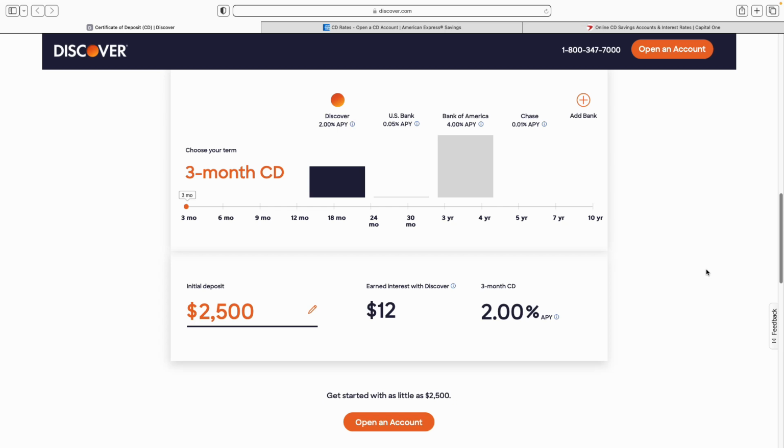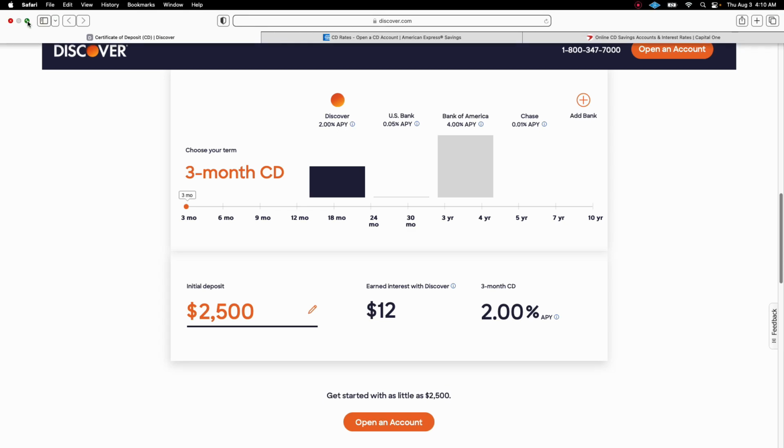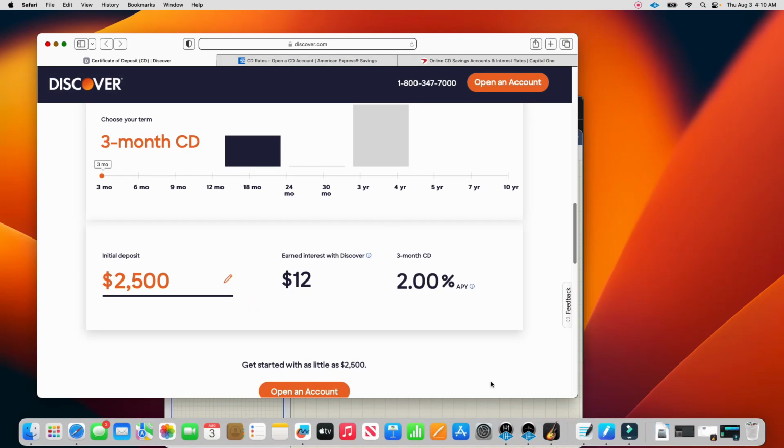Let's see what we can come up with. So that's 2% APY. Okay. You can work this out if you want, so that you get hands-on training here.